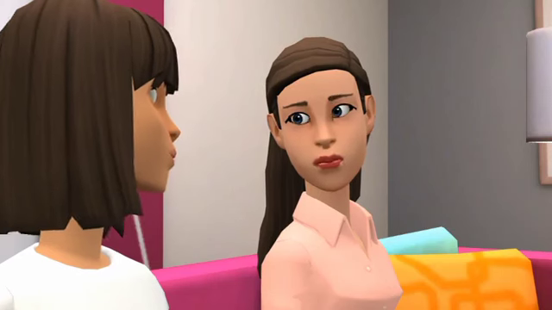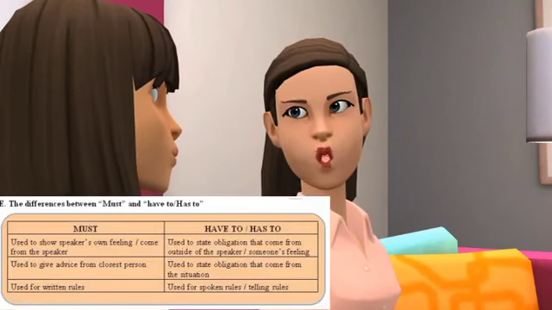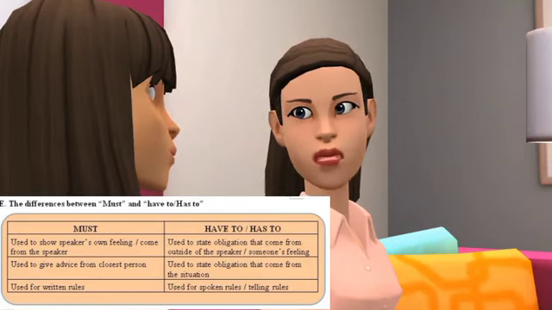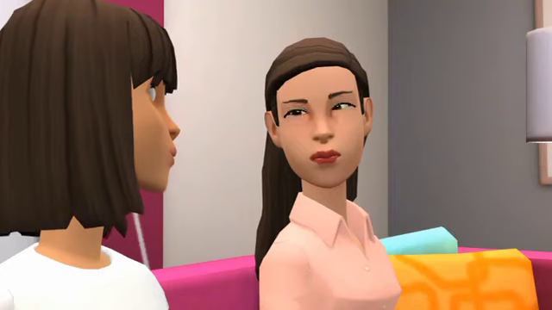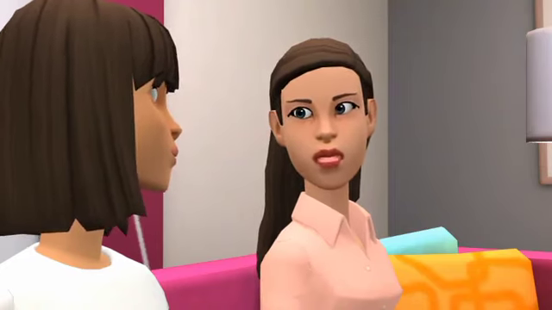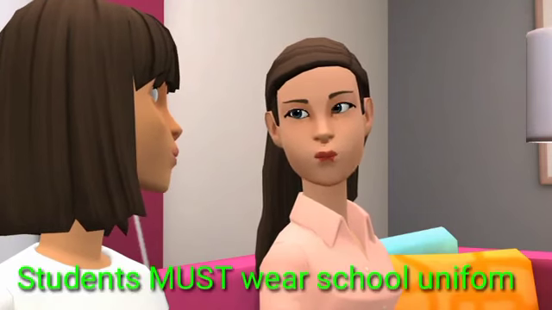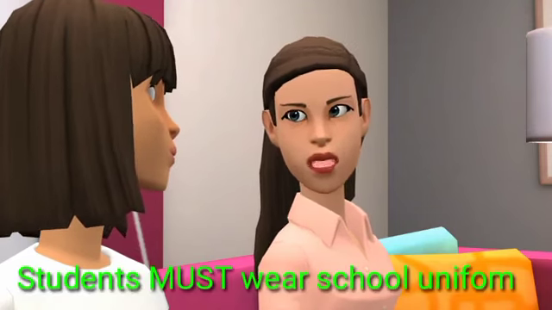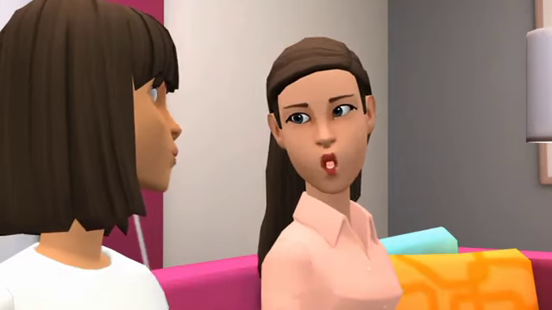And then the third or the last usage of must is for written rules. Jadi must ini biasanya dipakai dalam peraturan-peraturan tertulis. Ya, seperti misalnya di sekolah ada peraturan students must wear school uniform. Nah, jadi di sana itu merupakan keharusan bagi murid untuk memakai seragam sekolah.